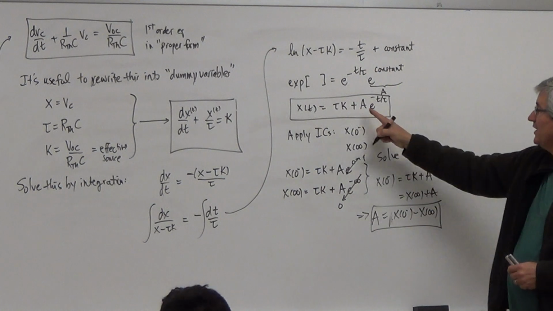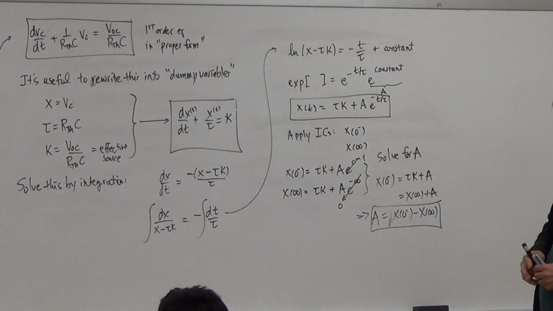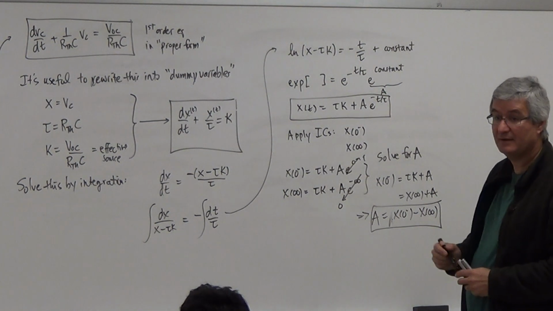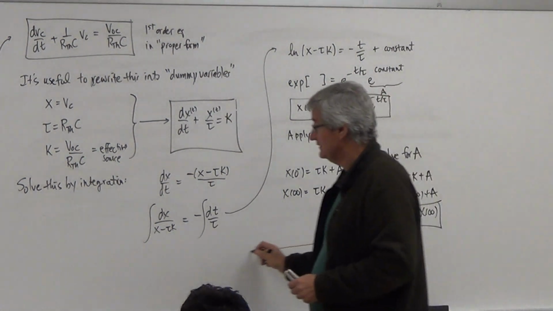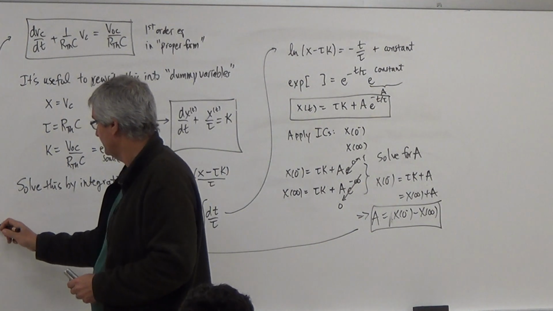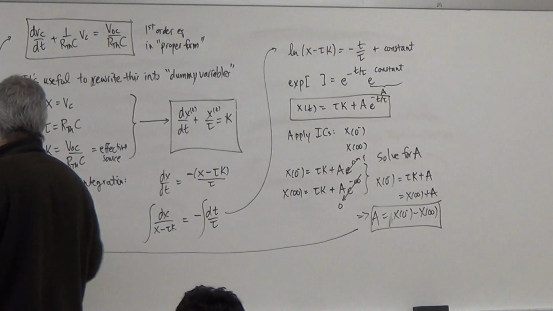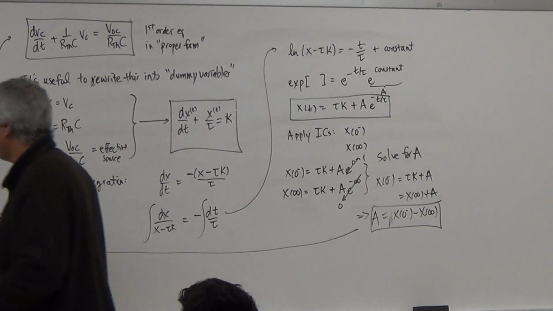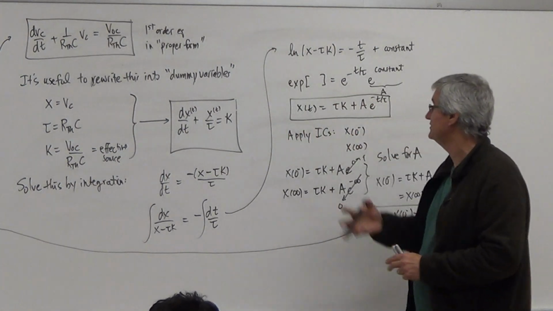So if I have that, now I can plug that guy right back into that. Yes, we're done. Let me just write this right here. So that means here that x of t is then x infinity plus x 0 minus x infinity times e to the minus t over tau. So that's our final solution to this differential equation.